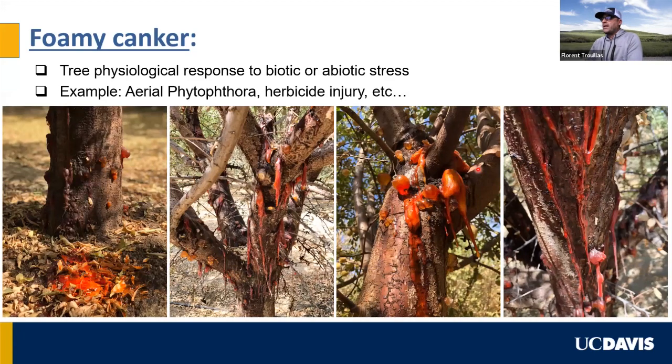Foamy canker, what we came to a conclusion is that foamy canker is actually a secondary physiological response of almond trees that have suffered an important Phytophthora infection. So this tree here with the foamy cankers was previously affected by aerial Phytophthora. We've seen trees evolving into foamy cankers if they have received herbicide injury. I think my slide before is an illustration of herbicide injury.